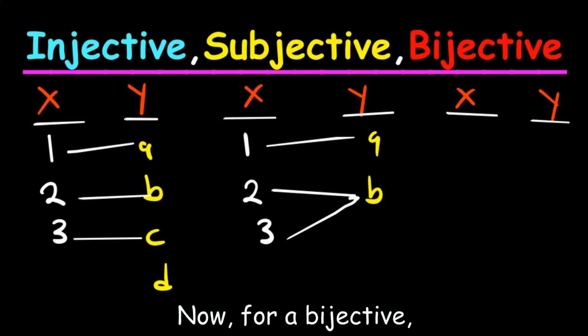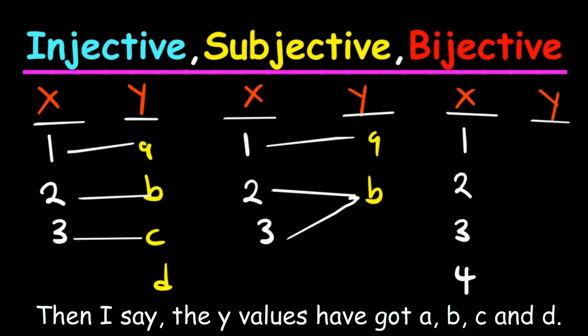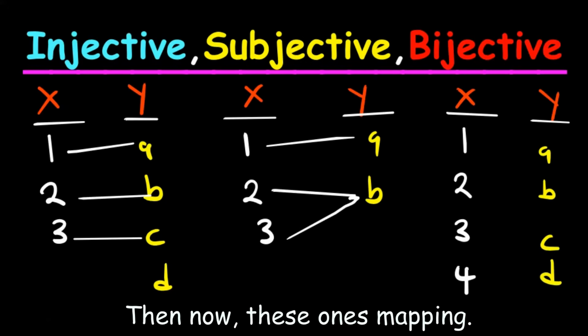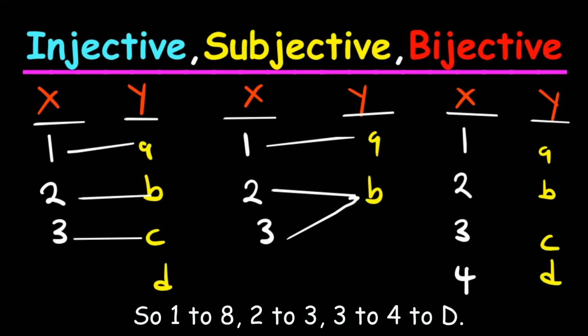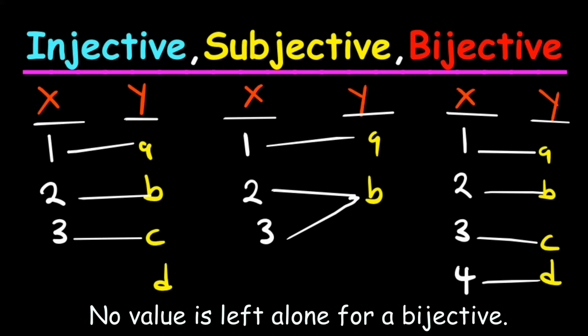Now for a bijective, if I've got, let's say 1, 2, 3, and 4, then let's say the y values, I've got A, B, C, and D. Then how are these ones mapping? So 1 to A, 2 to B, 3 to C, 4 to D. No value is left alone for a bijective.